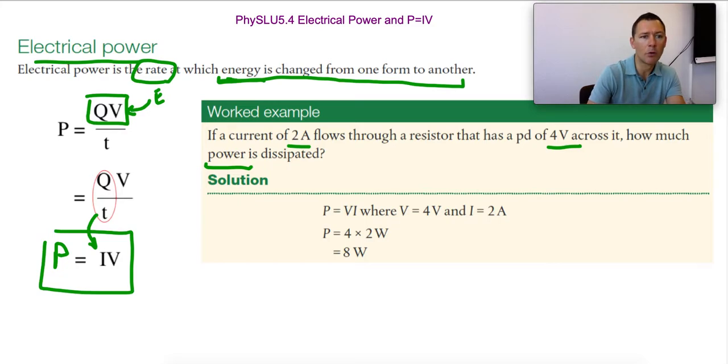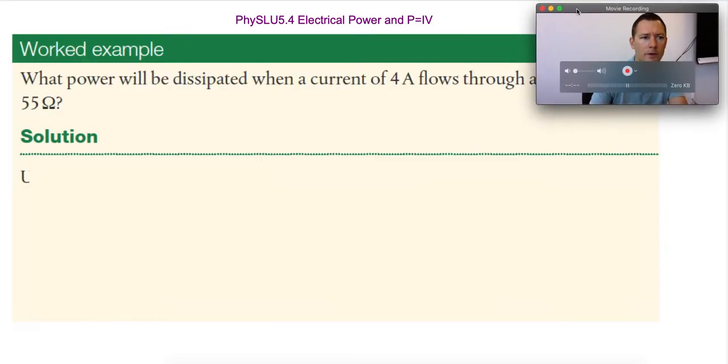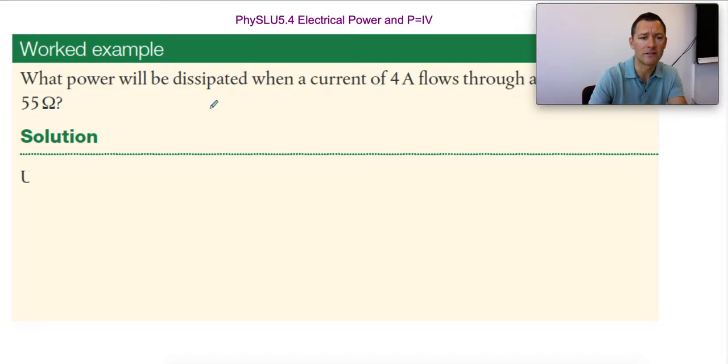It gets a little more obnoxious when you do something like this. What power will be dissipated when a current of 4 amps flows through 55 ohms of resistance? So I really want to use P equals IV when we're talking about power, but this is current, I, and this is resistance.